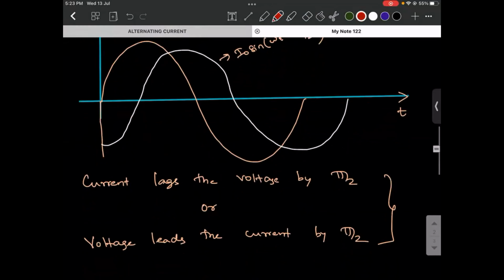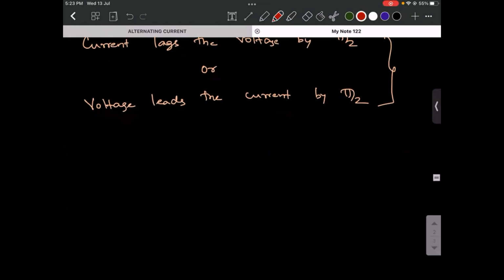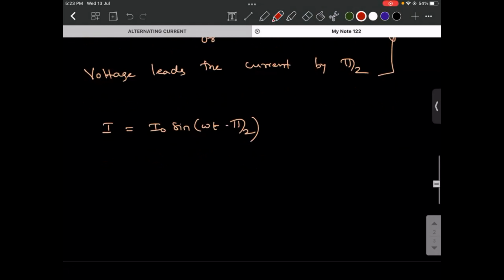Now the next point that we need to notice. If you see the expression for I, I wrote I is equal to I naught into sine of omega t minus pi by 2. But what did I write I naught as? E naught divided by omega L. Right. So what is this omega L called as?